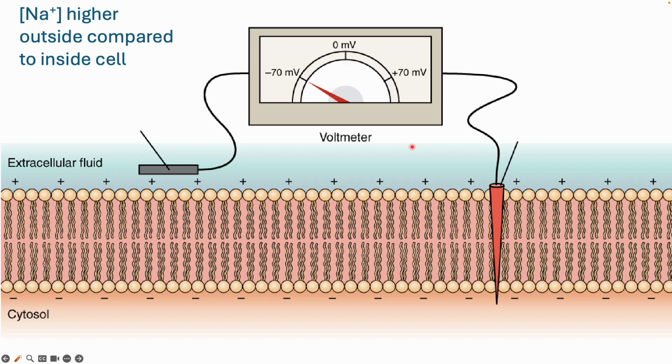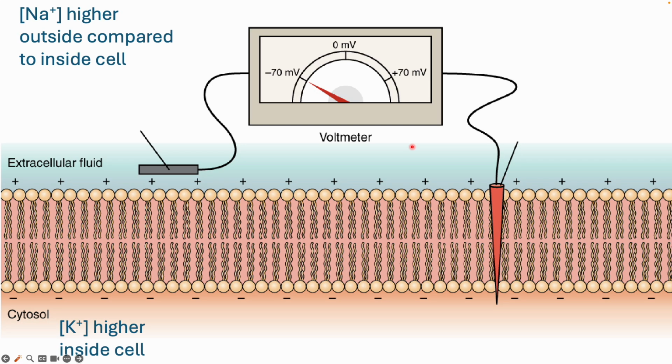Now, what leads to a membrane potential has to do with the solutes, specifically the anions and cations that are dissolved in the cell. In the extracellular fluid, we have a slightly higher concentration of sodium. Sodium has a positive charge, and this leads to a more positive charge on the outside of the membrane.